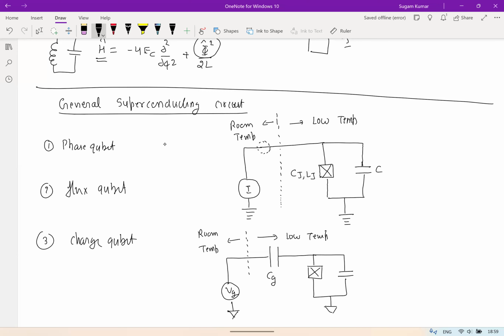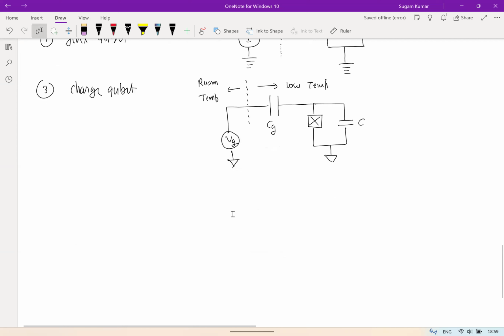So this is the typical configuration. For the flux qubit, I will draw separately because that requires a little bit different approach altogether.